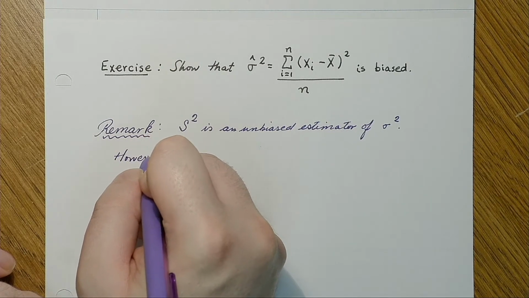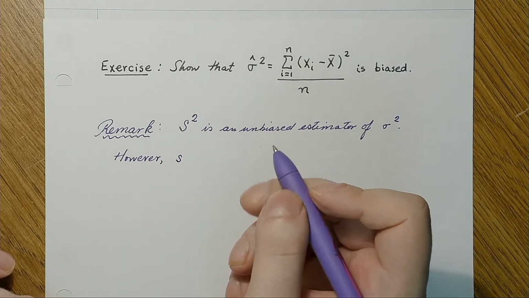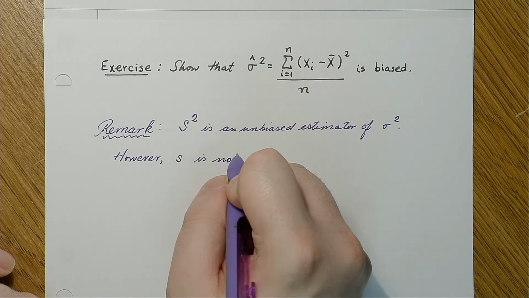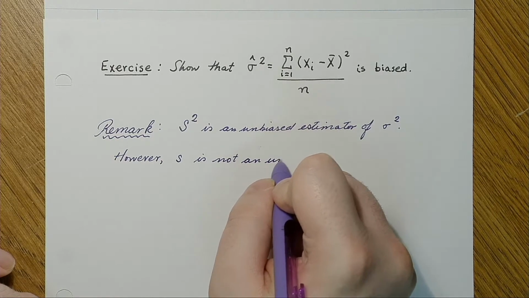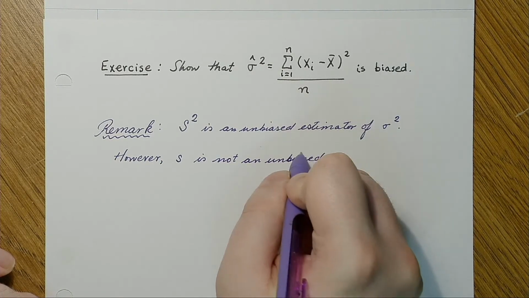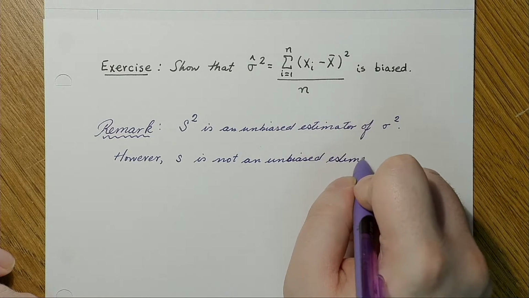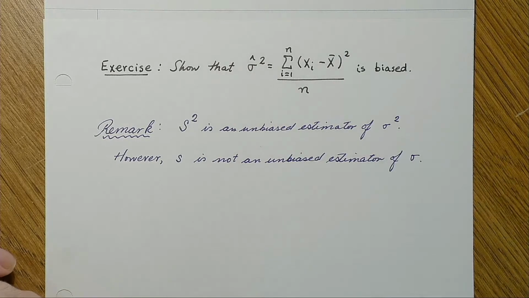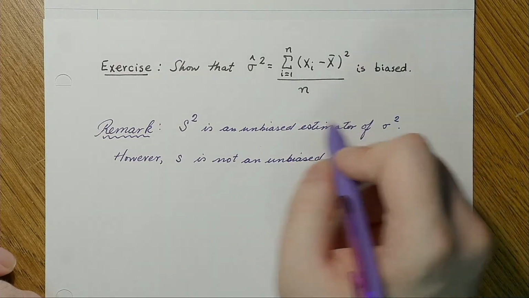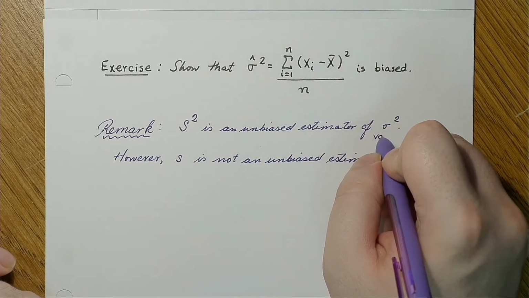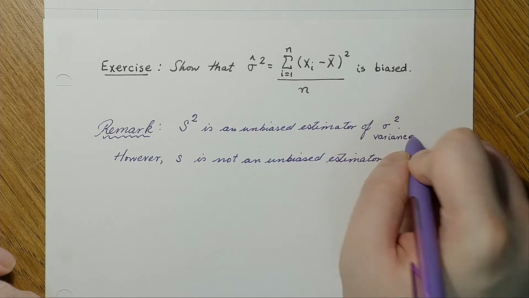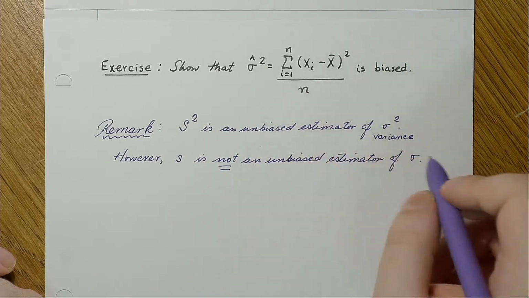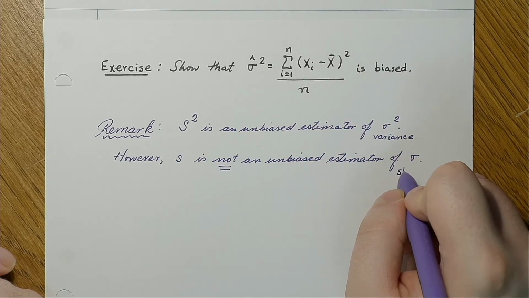However, if you take the square root, so just take s, it is not an unbiased estimator of sigma. So again, this is fine for the unbiased estimator of the variance. But if you take the square root, it's not an unbiased estimator of the standard deviation.